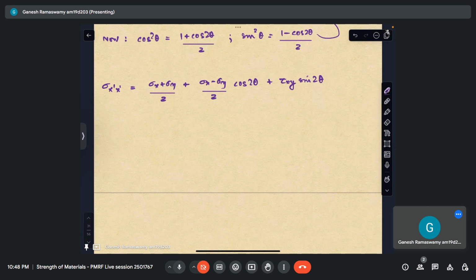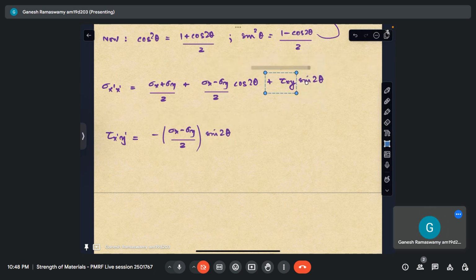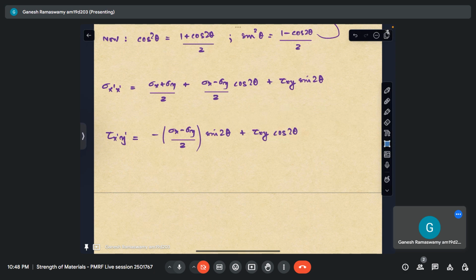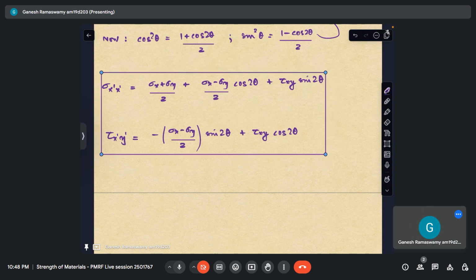Similarly, I'll get tau x prime y prime as minus of this quantity into this plus this into this. So this is my stress transformation equation as such, not in a matrix form but opened out. So these are my stress transformation equations.